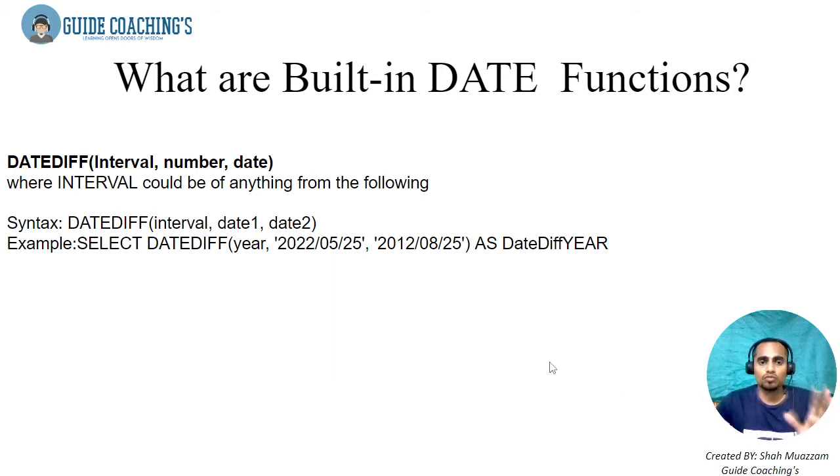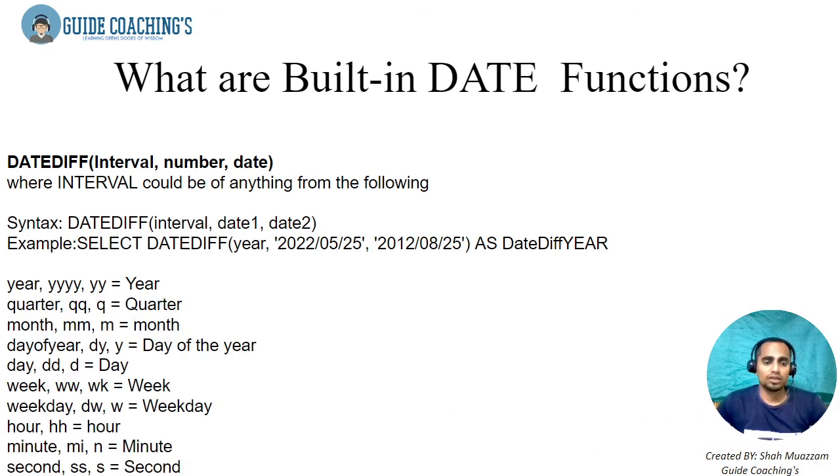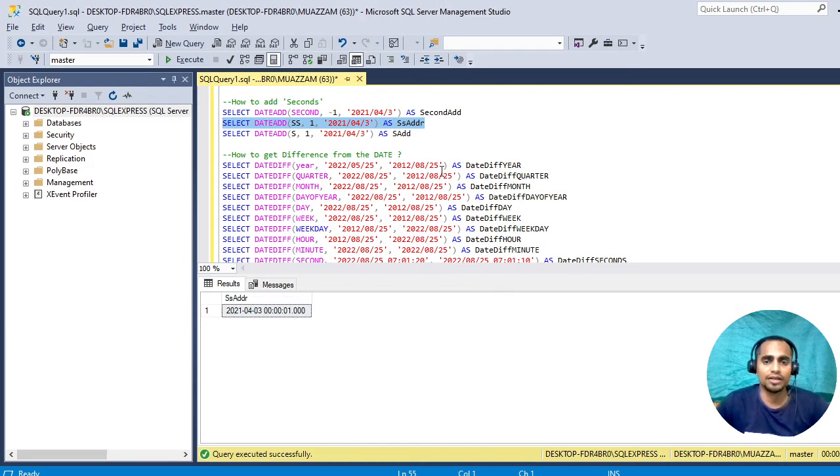Like if you want to consider the years, at that time you will write year and then date one and then date two, and it will tell how many years of difference there are. So again we will have the same intervals for this.